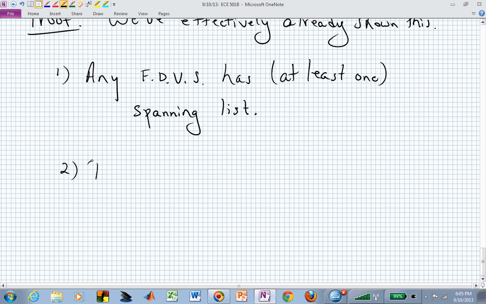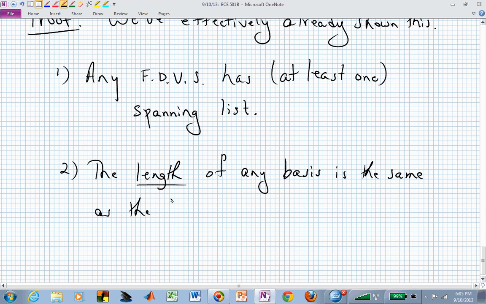Two, the length, and now we know what length means. That means the number of objects in that list. The length of any basis is the same as the length of the shortest spanning list.